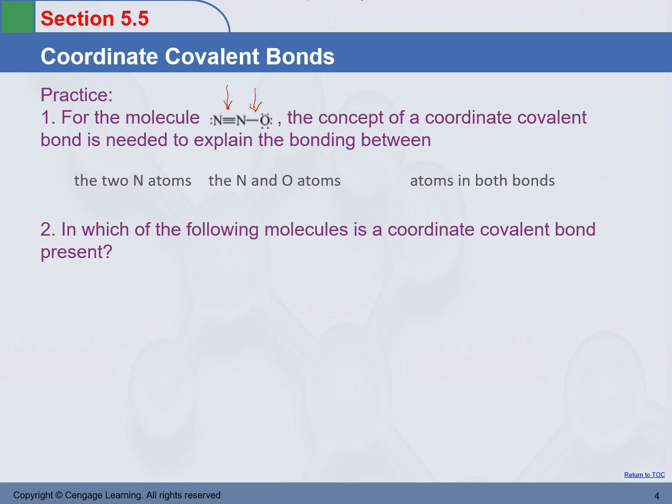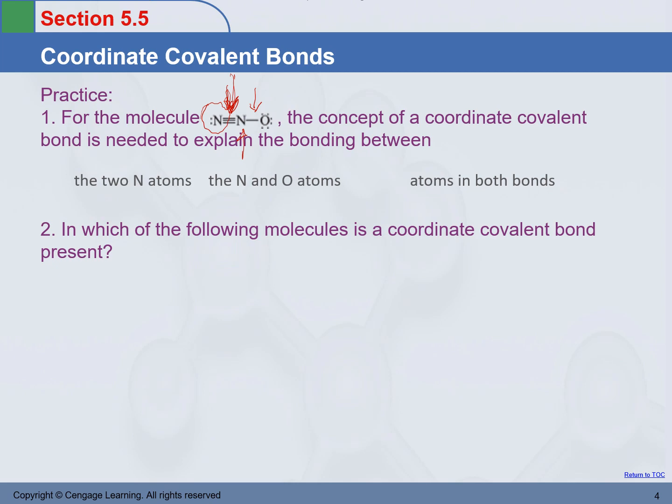Well, let's look at the nitrogen. Nitrogen is in column number 5A. It will form three bonds. So this first nitrogen does have three bonds. That tells you this bond is actually normal. Right away, that tells you this triple bond consists of normal covalent bonds. The second nitrogen here, again, normally forms three bonds.